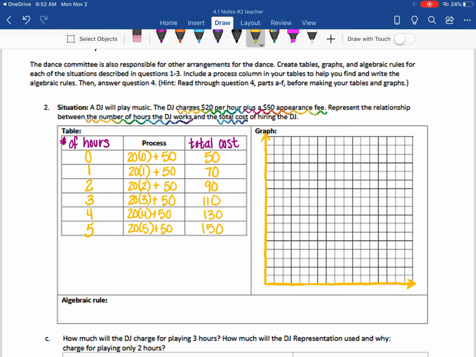All right. We need to do some labeling here. So I know that my x-axis is representing the number of hours. And I know that my y-axis is representing the total cost.